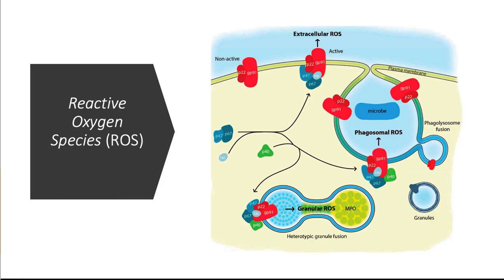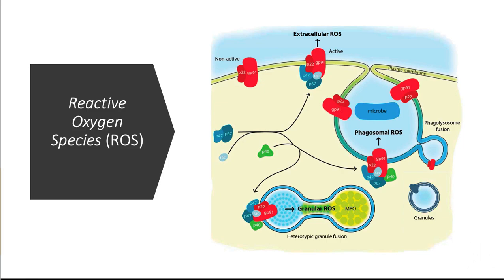In neutrophils, this oxidative reaction is tightly linked to phagocytosis and is called the respiratory burst. Genetic defects in the generation of reactive oxygen species are the cause of immunodeficiency diseases called chronic granulomatous disease.